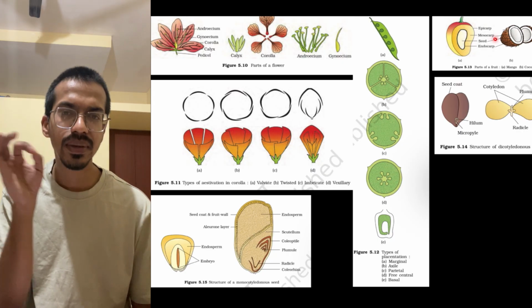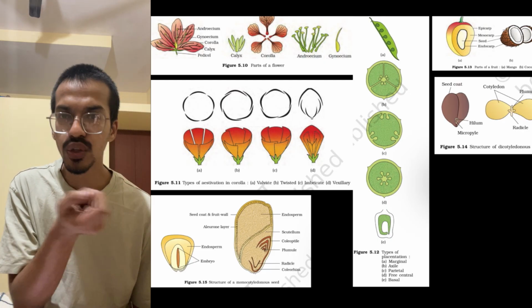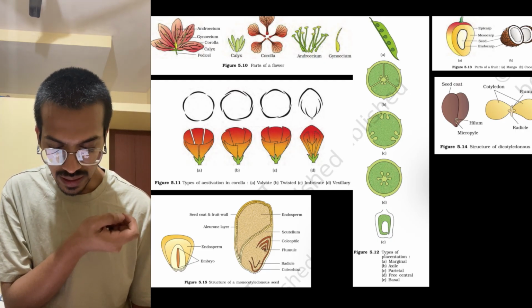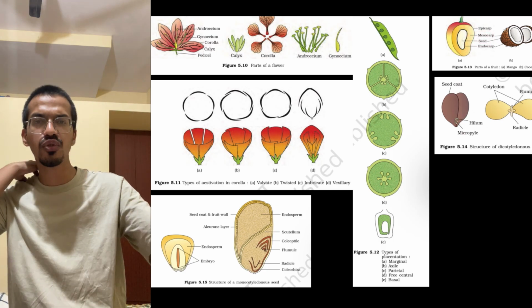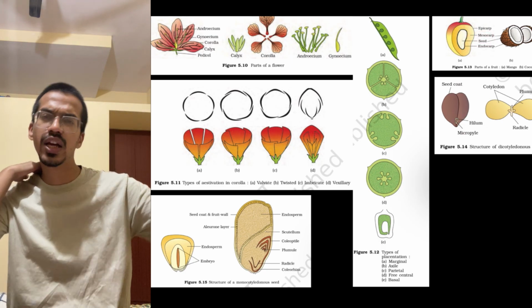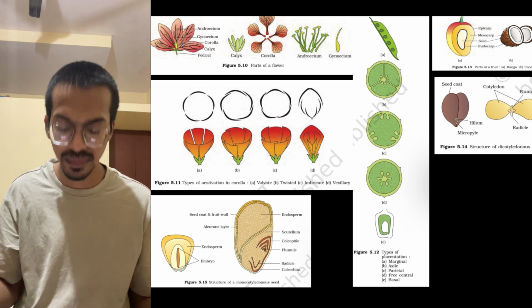Then the mesocarp in the case of mango is the pulpy, fleshy one, whereas in the coconut it is the fibrous, hairy one. Then before the seeds there is what? A white part, or in the case of coconut a hard shell kind of part that is present, which you break up to get the white cream out of it.